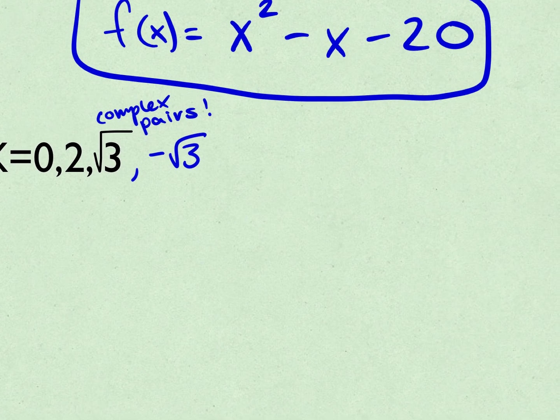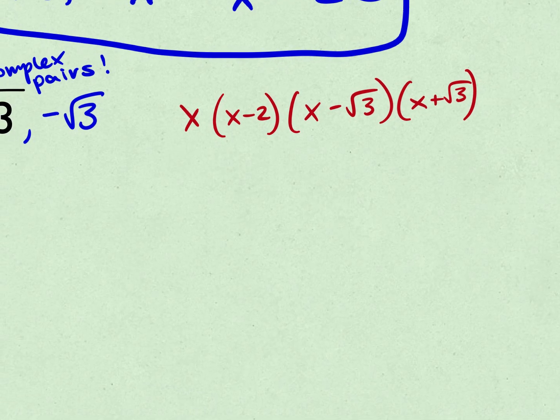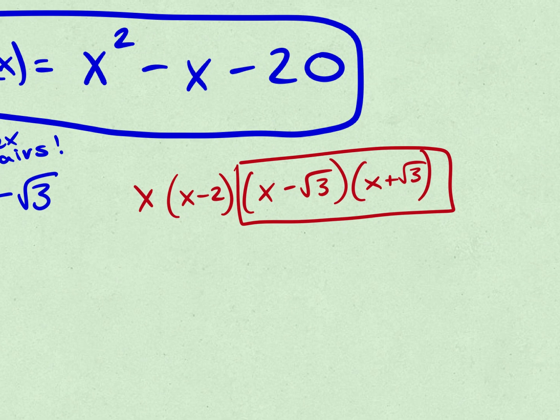So when we write this in factored form, we have x minus 2, x minus square root 3, and x plus square root 3. When you multiply this out, you always want to start with the conjugates, the pairs that you have. And then we have a shortcut to multiply our conjugates.